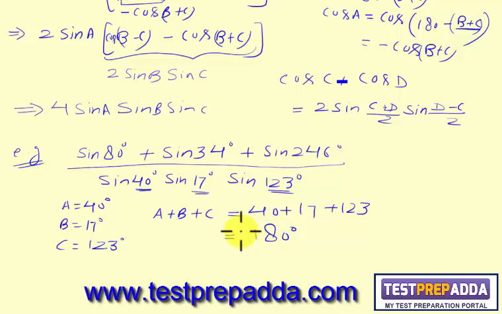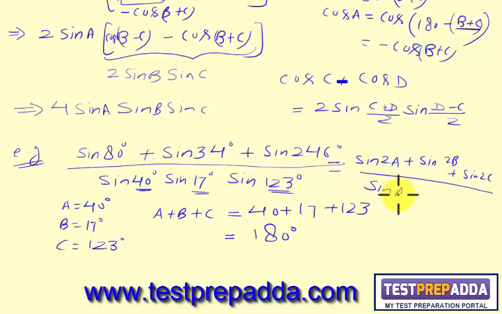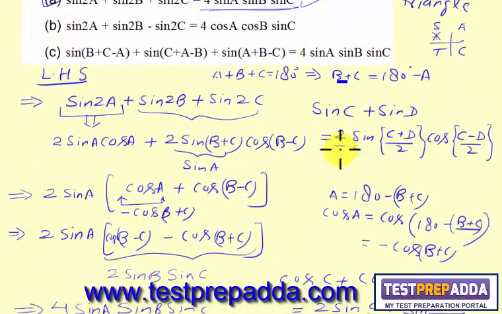Got it? So if you check this part, this is actually (sin 2A + sin 2B + sin 2C) upon sin A sin B sin C. Now you check the identity which we have proved here.